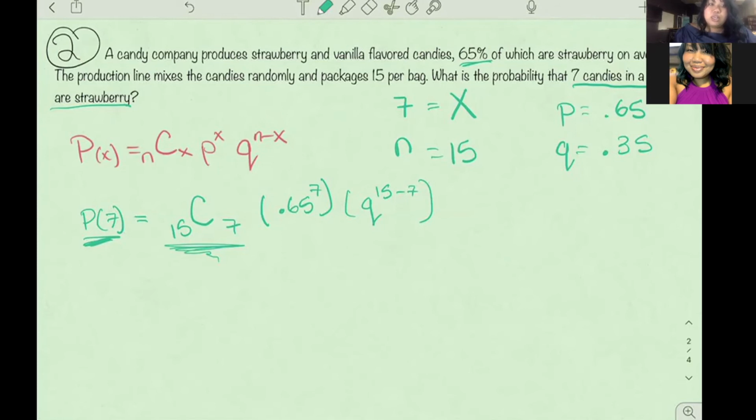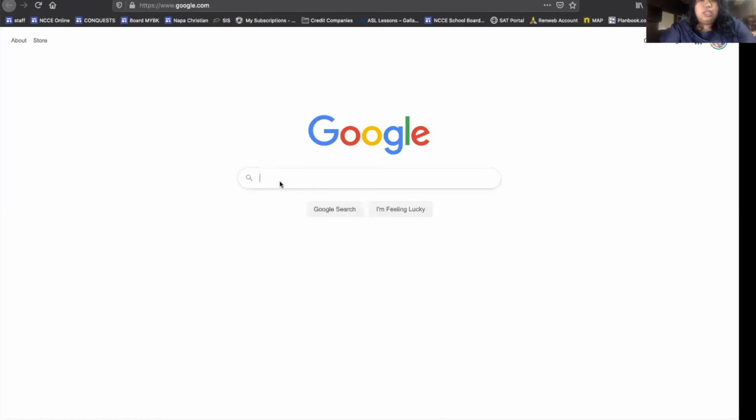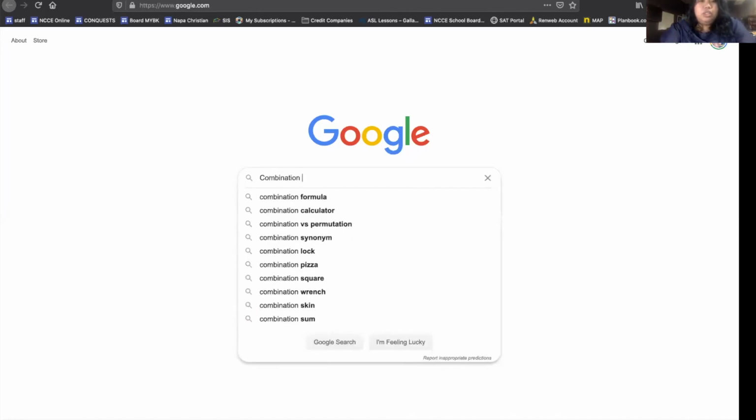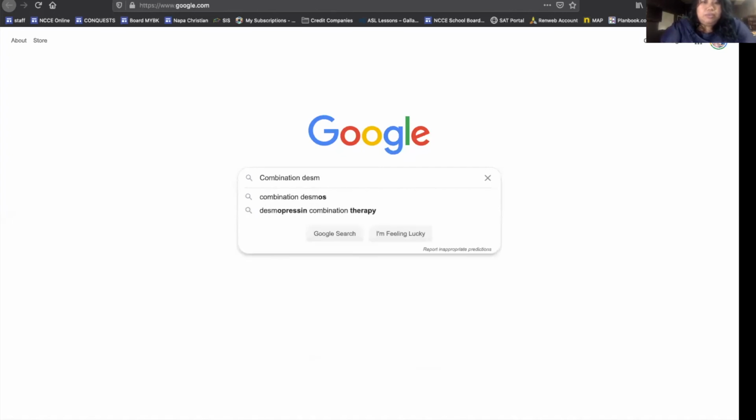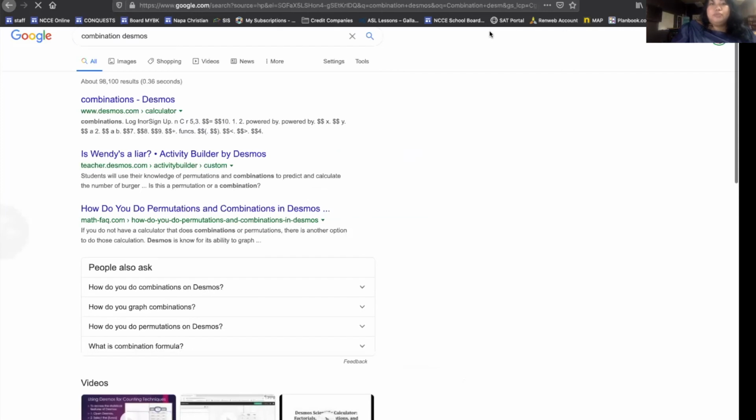So let me pull up Desmos real quick. Okay, so I'm going to show you, and it's again the same step. We're going to go to Google, and C stands for combination, so combination Desmos. So here it is, combination Desmos.